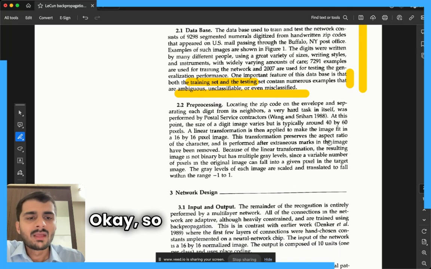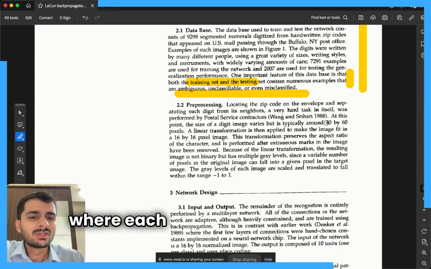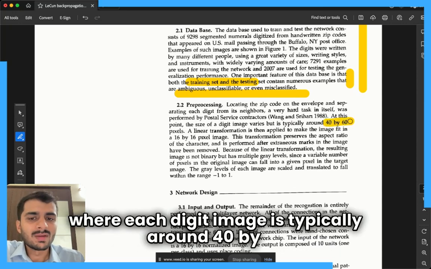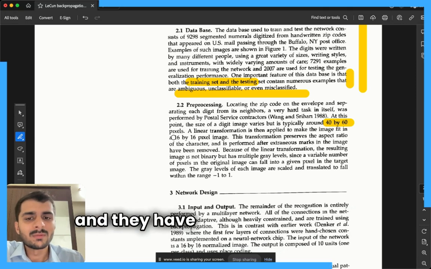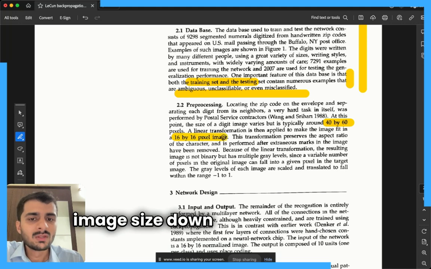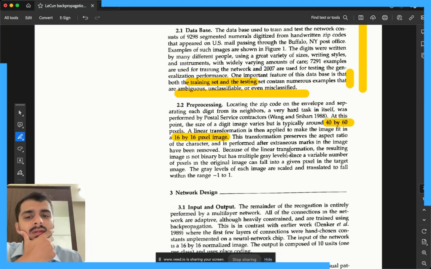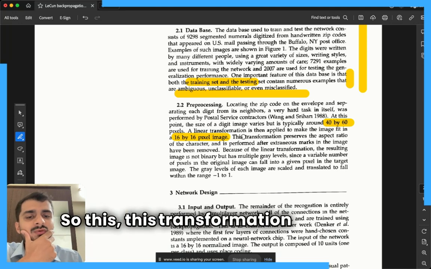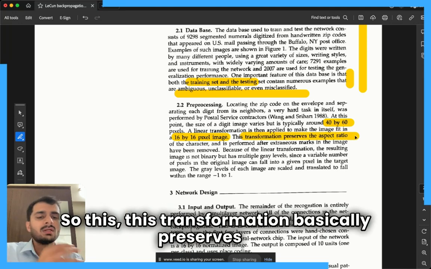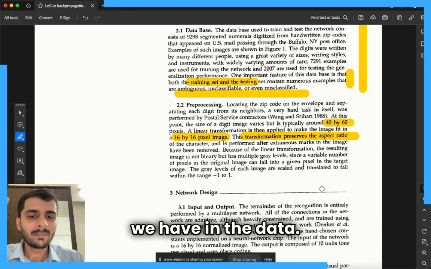So they have done a pre-processing step here where each digit image is typically around 40 by 16, and they have performed a linear operation to bring the image size down to a 16 by 16 pixel image. So this transformation basically preserves the aspect ratio of every single image that we have in the data.